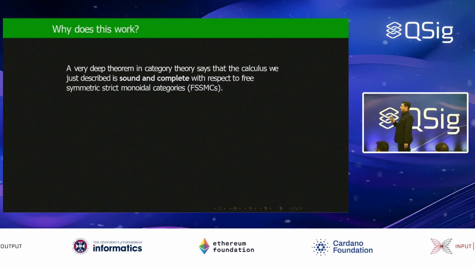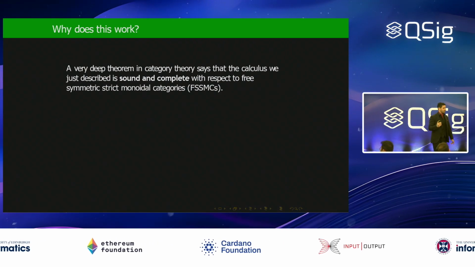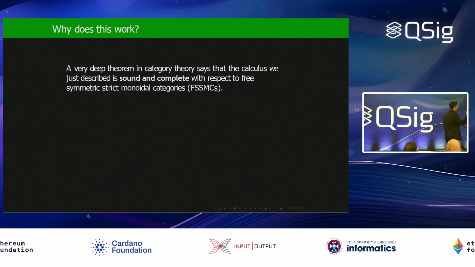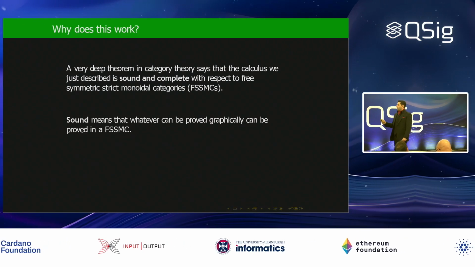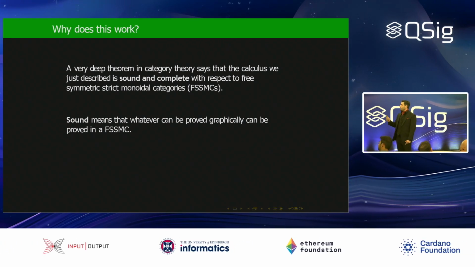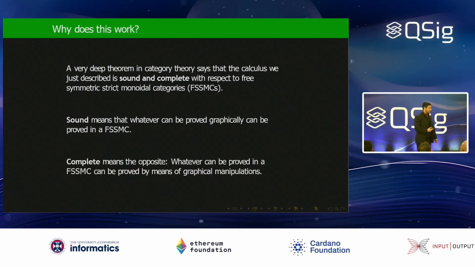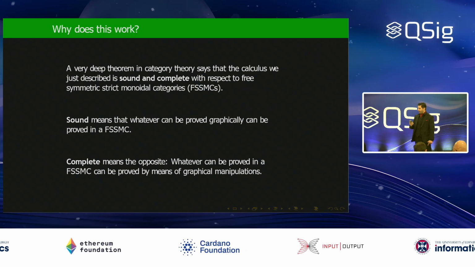Okay, so why does this work? There is a very deep theory in category theory that basically says that this calculus is logically sound and complete with respect to something called free symmetric strict monoidal categories. Sound means that whatever we can prove graphically can be proved in these categories, and complete means the opposite: whatever can be proved in these categories can be proved graphically.